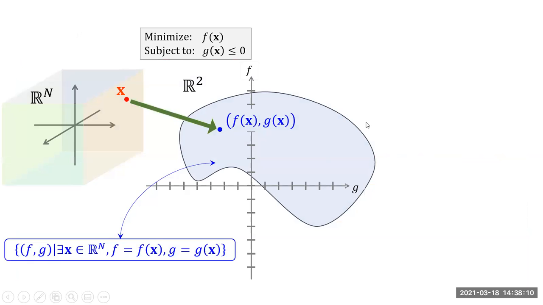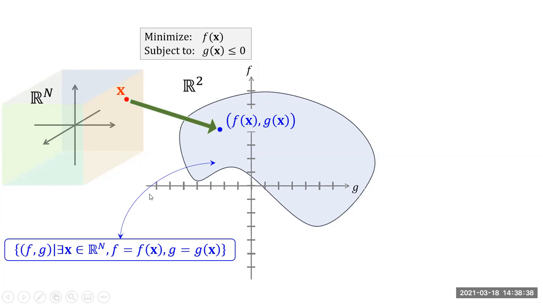Okay, so now let's see how all of this looks graphically. We restrict our attention to just a single inequality constraint at this point. No equality constraint. We have f of x to minimize, subject to this scalar g of x less than or equal to 0.